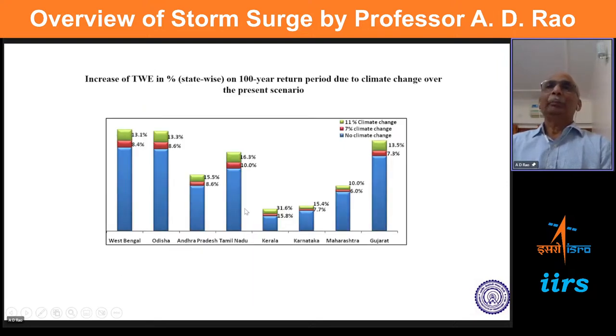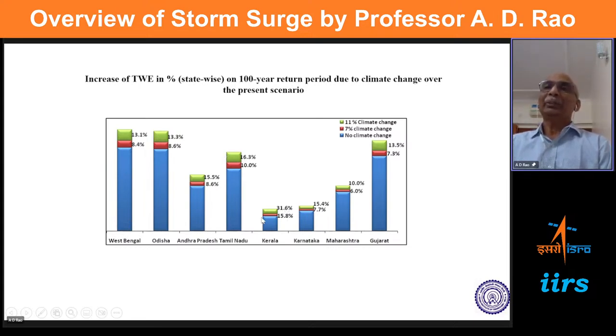So in climate change, or in a 100-year return period, how each maritime state is being affected is very important. If you see Kerala, I will show you later, Kerala is mostly affected by the climate warming, extreme warming scenario, because you can see 15.8% and 31.6% compared to the others.